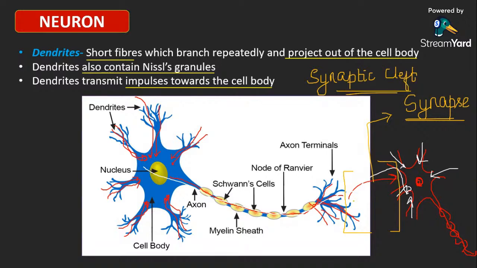There are certain neurotransmitters present at this synaptic cleft, which help in the conduction of the impulse from one neuron to the other.